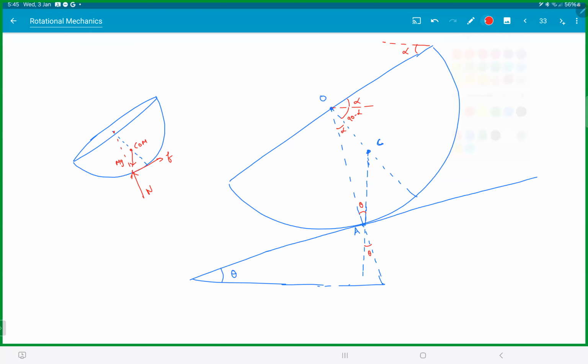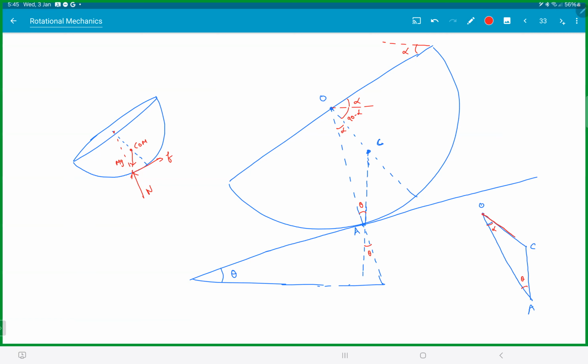Perfect. So I got a triangle here, which is O, C. And remember, this CA is a vertical line. This is alpha. This is theta.